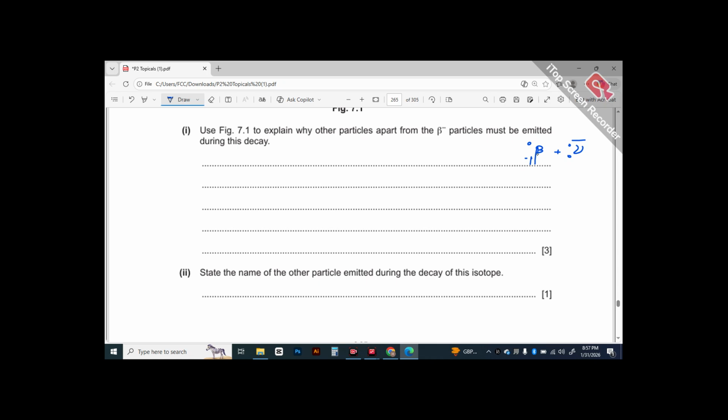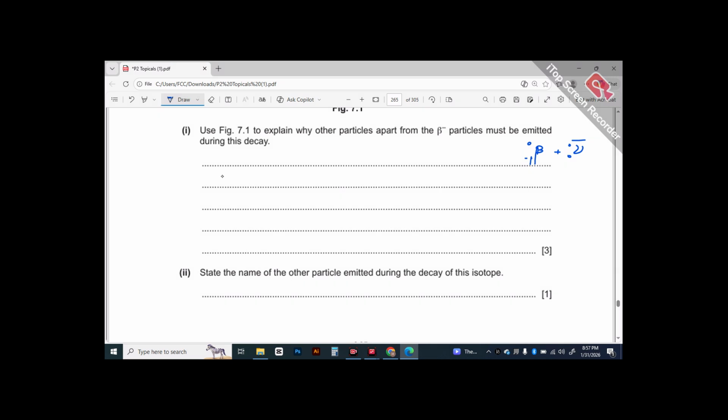And the reason was that beta has a continuous range of energy. However, in a decay, the energy that is emitted has to be constant, right? So the other particle, which in this case is the antineutrino, is going to have that difference of energy, right?